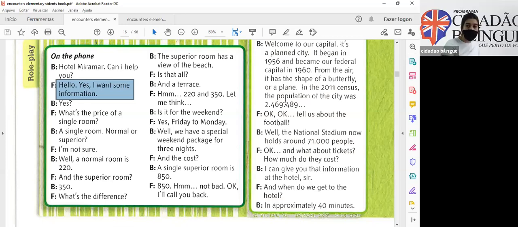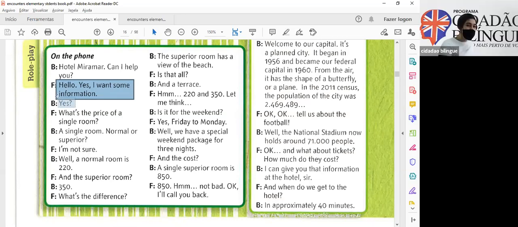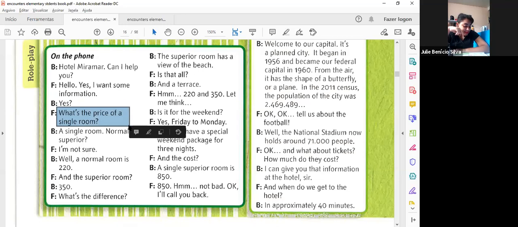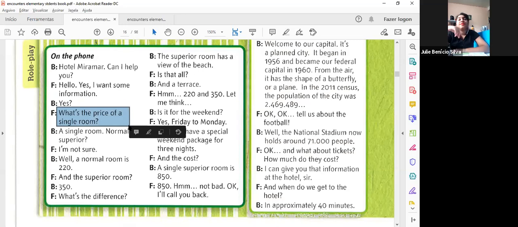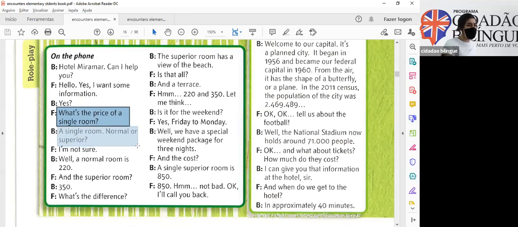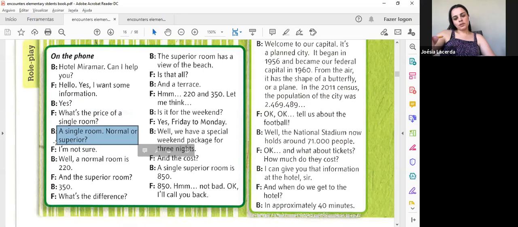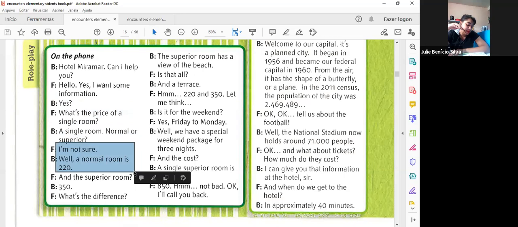Yes. What's the price of a single room? A single room, normal or superior? I'm not sure.